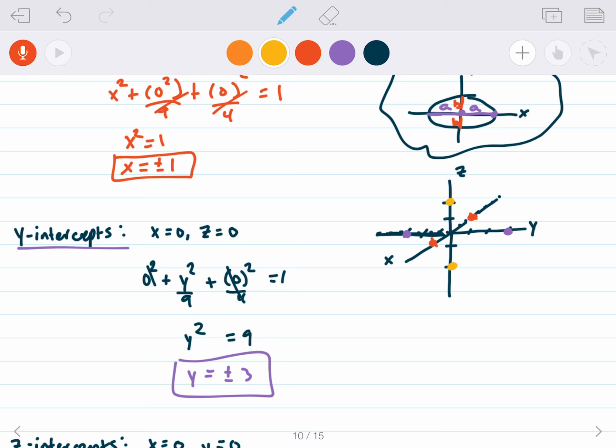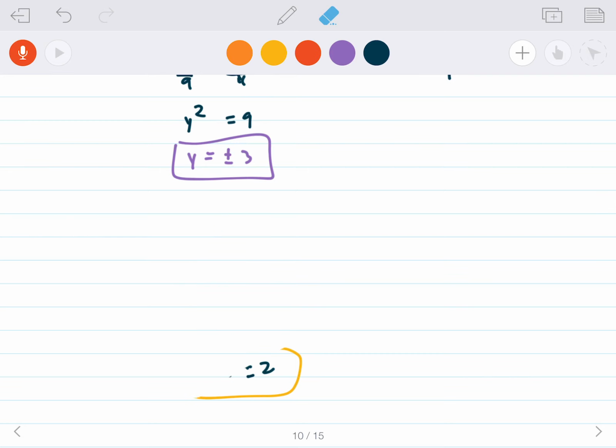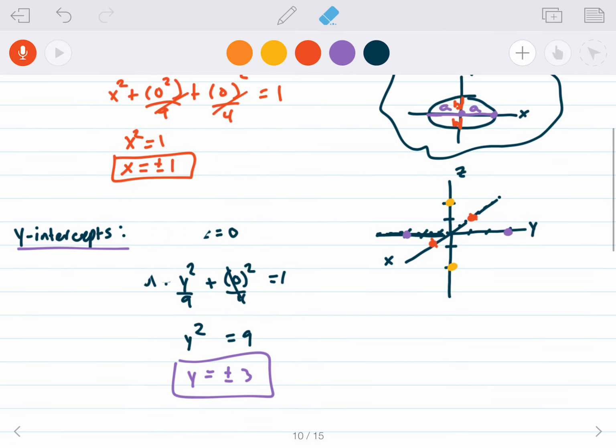Now let's look at this in perspective and talk about what this looks like in the xz plane, the yz plane, and the xy plane. And to do that, remember, we have to fix values. So let me go ahead and erase some of this.